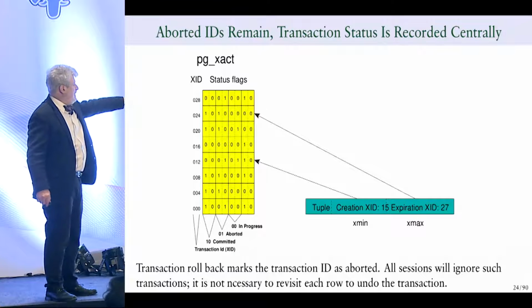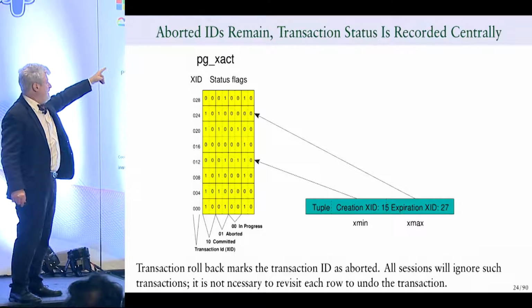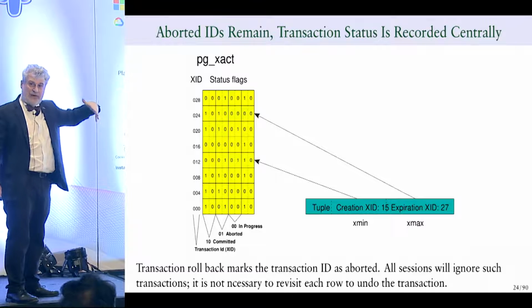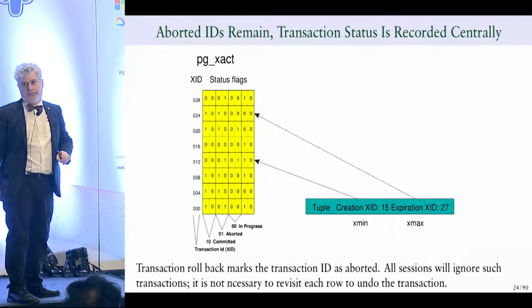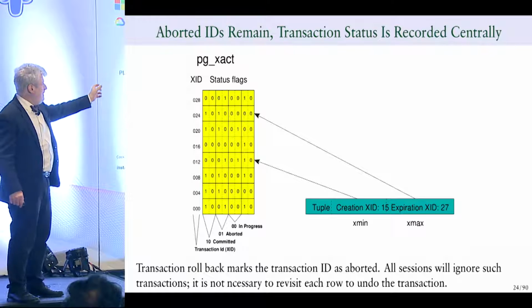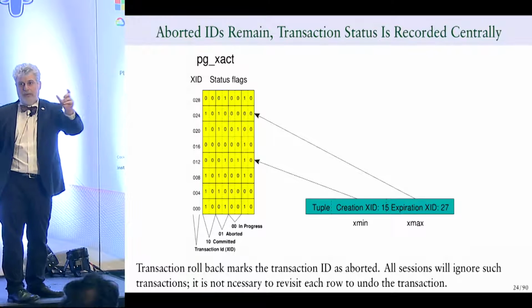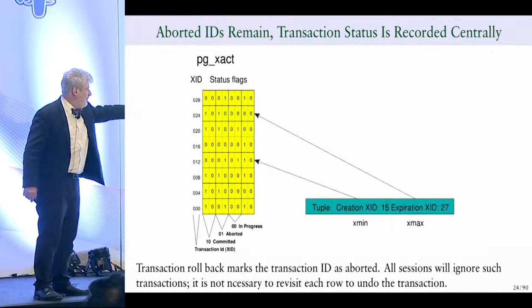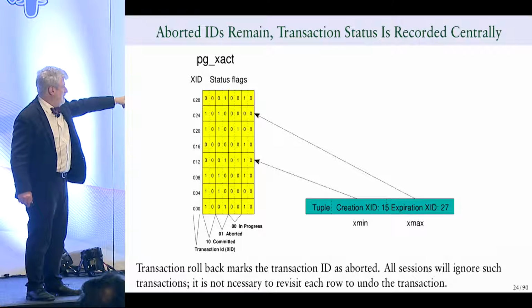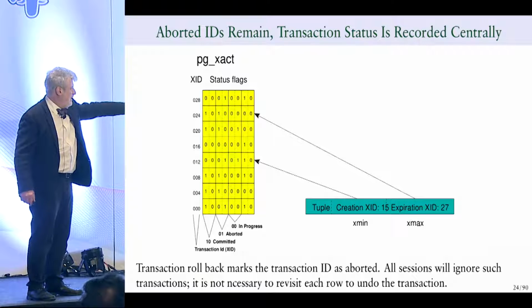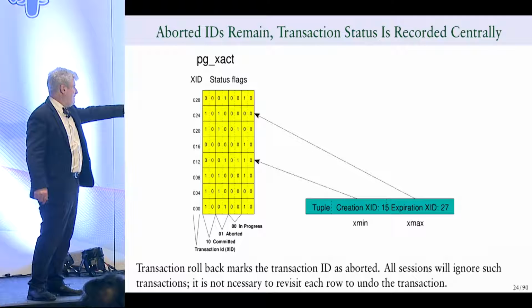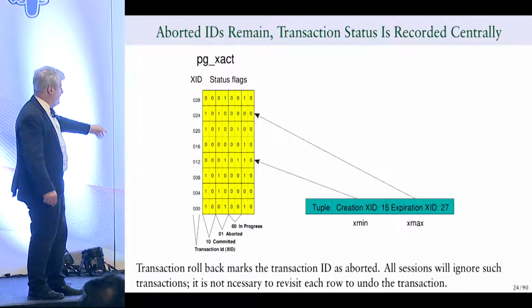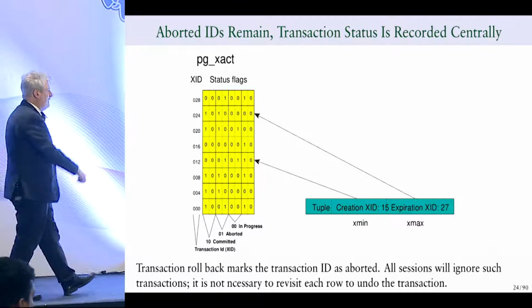The actual system file is called PGConf. You'll see it in the data directory. It has 2 bits for every transaction. So every byte can record 4 XIDs, and effectively you've got the creation ID and then the expire ID, and that's what these 2 numbers are, the XMIN and XMAX, and it's basically an offset, and there's the legend of what they look like.